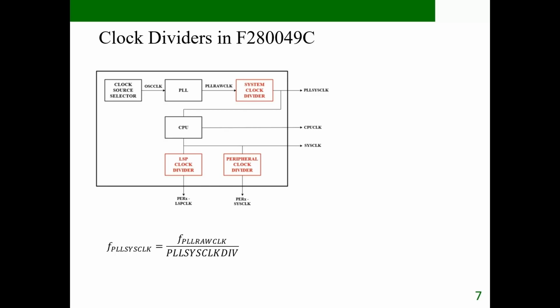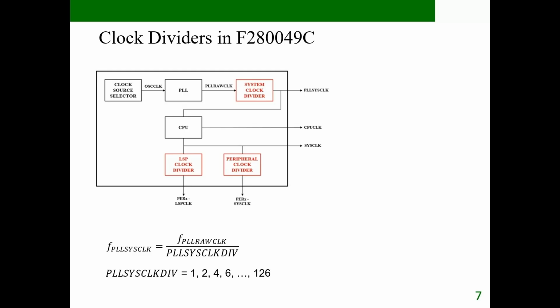The divider is controlled by the PLLSYSCLKDIV field in the clock configuration registers, and it can be configured to divide by 1, 2, 4, 6, 8, etc. up to 126.